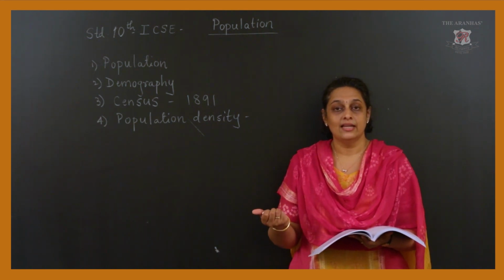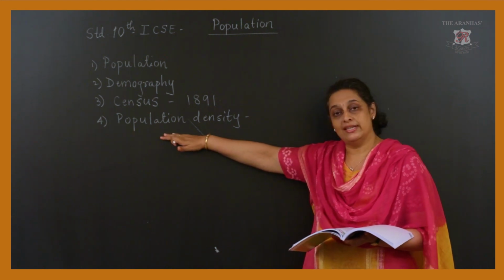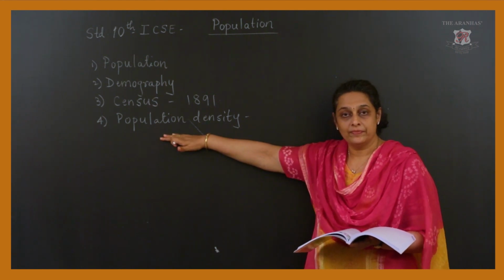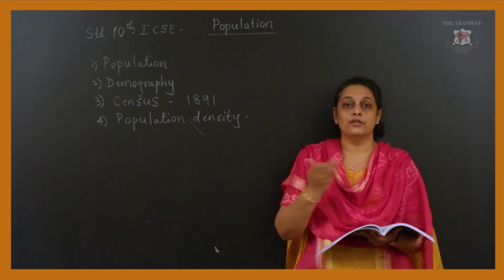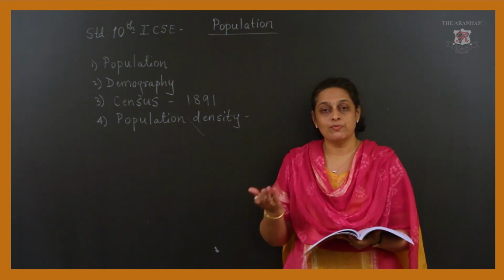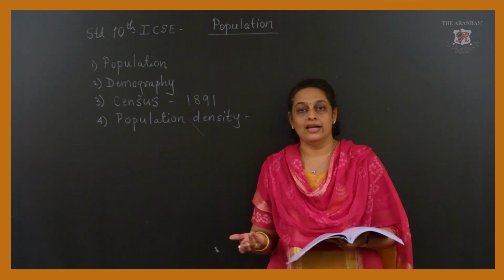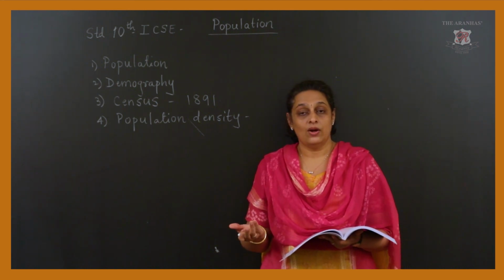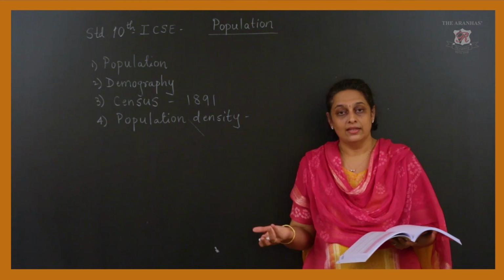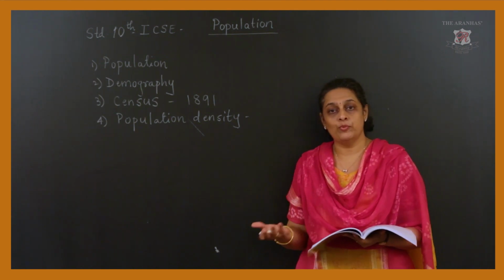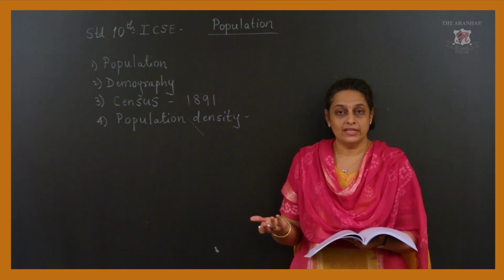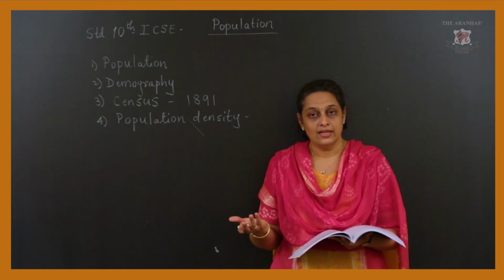So, I say less population density in that area. Let us take example of desert of Rajasthan. How is population density? Again less. On the other hand, let us take example of urban areas, Mumbai, Delhi, Pune. How is population density? Very high.